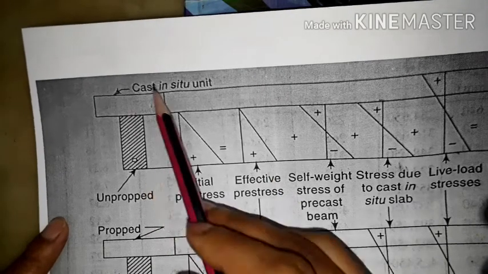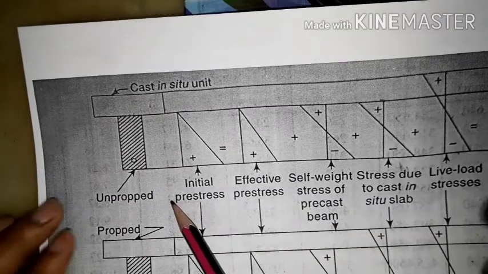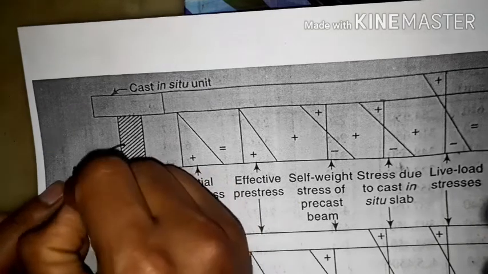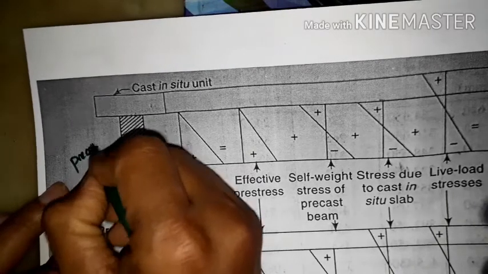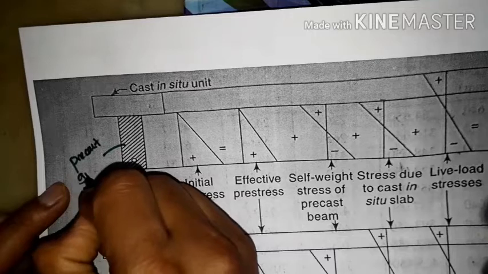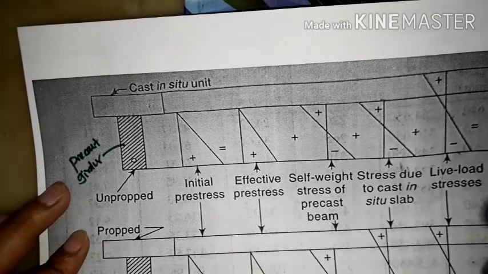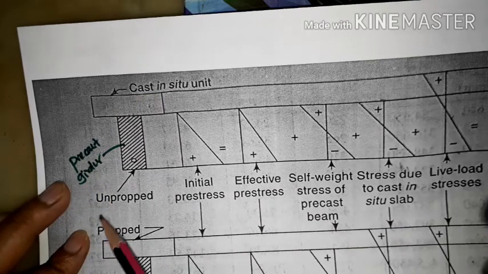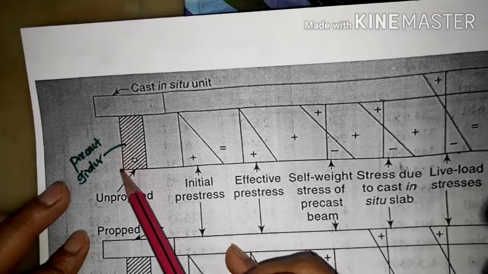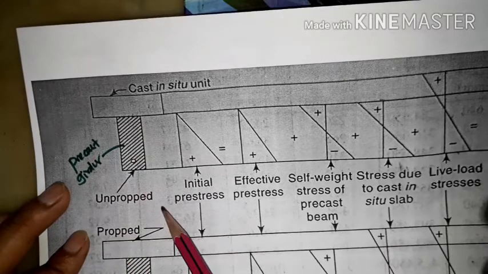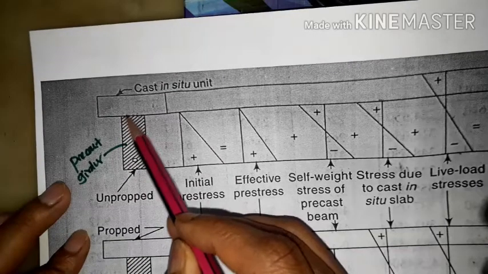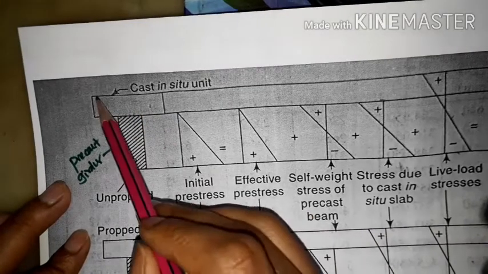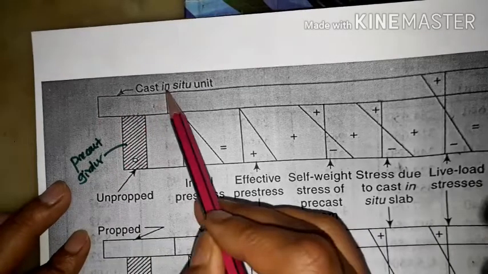See here there are two parts, very important. This is the precast unit, the precast girder, which is already cast, and this is cast in situ. So what will be the construction procedure? This element will be erected first, and this surface will be roughened, or they will provide stirrups in between, and the concrete will be cast over this.